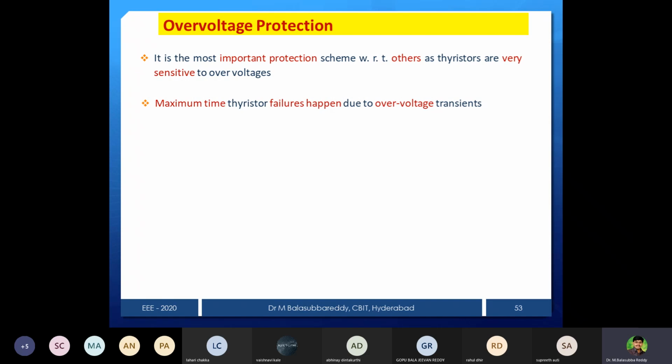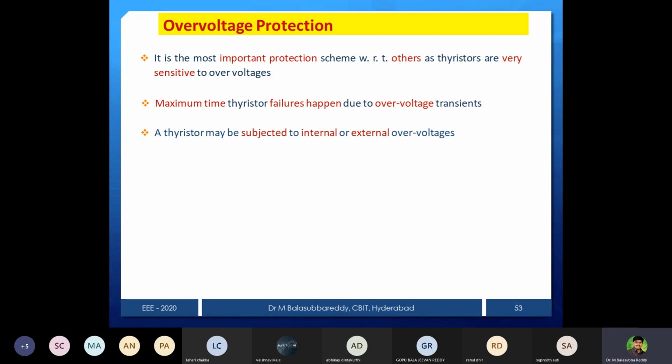Most of the time, thyristor failures happen due to over voltage transients. As I said, when there is a switching instance, when the device goes from off state to on state or on state to off state, a transient is going to occur. That will be in our switching transients. The device may be subjected to internal or external over voltages.